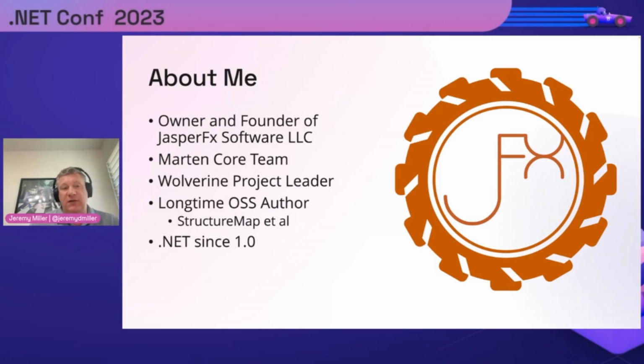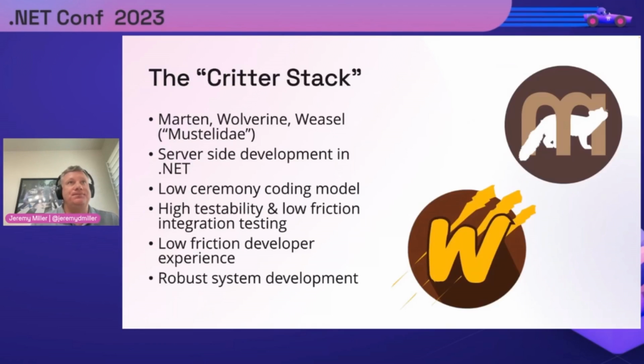Along with my contributors and collaborators, we are trying to build a sustainable business model around the Critter Stack tools and the open source tools we're going to look at today. I've been heavily involved with open source efforts in the .NET platform, dating all the way back to StructureMap. That was the very first production-ready IOC tool all the way back in 2004. So I'm old.